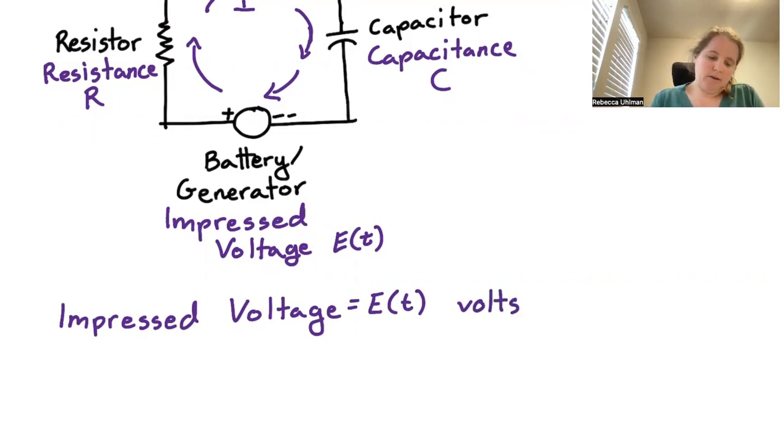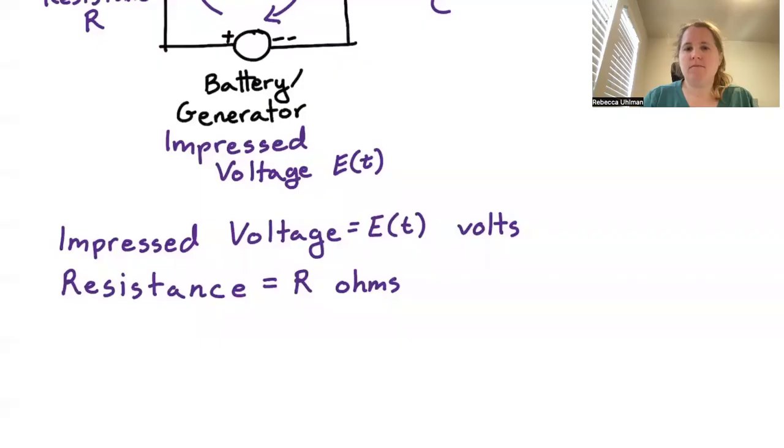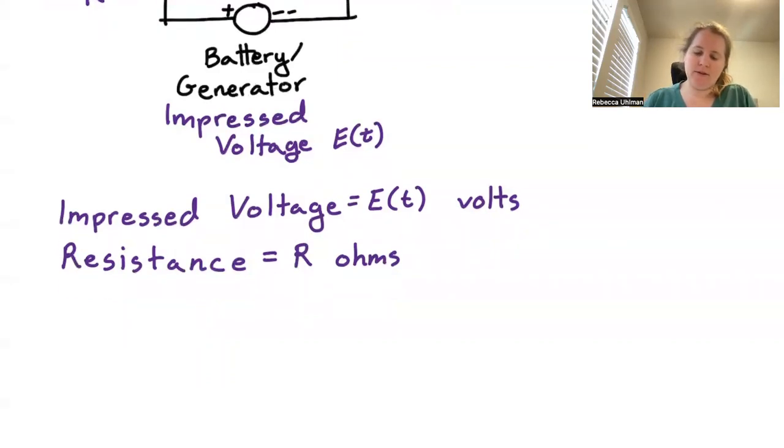Then we have our resistance equals R ohms provided by the resistor.